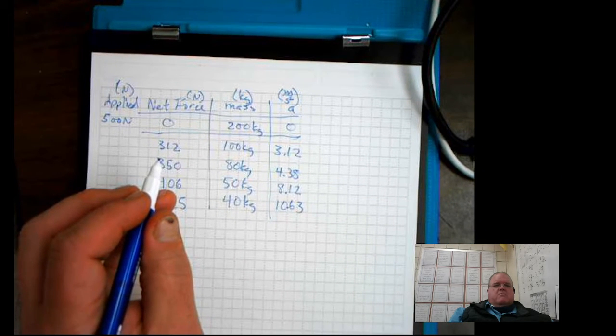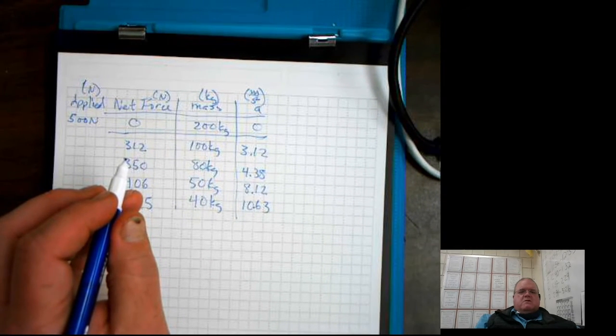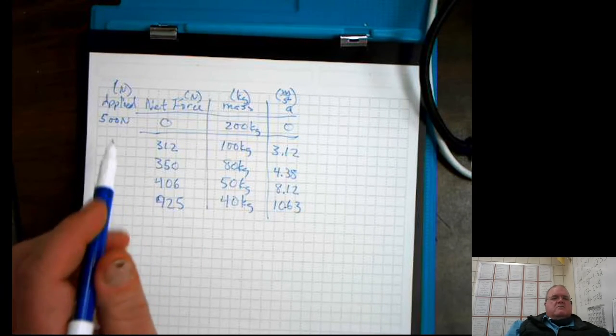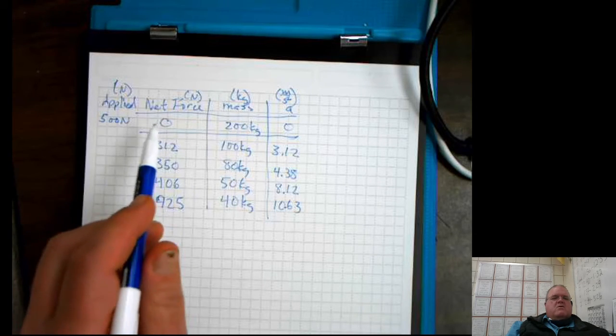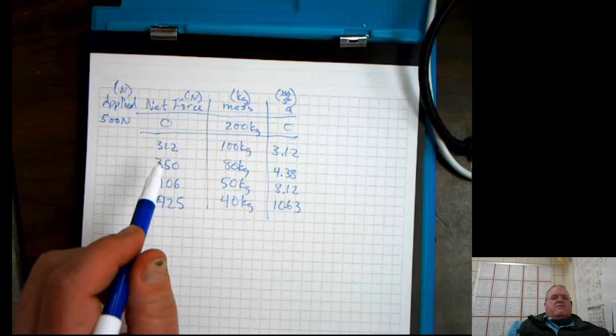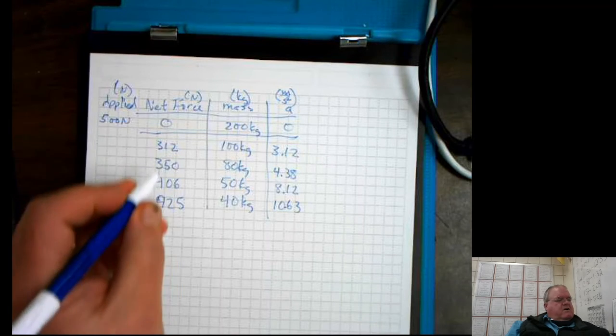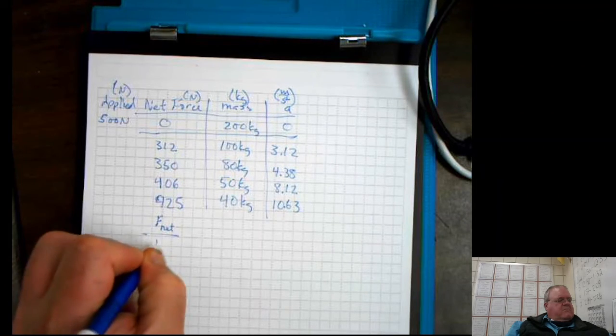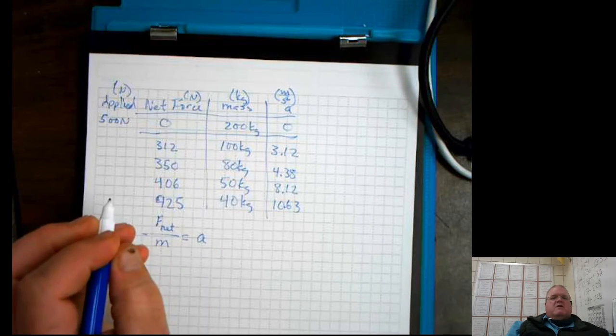And what I want to do with this is find a relationship between net force, mass, and acceleration. So if I want to move from 312 and I divide that by 100, I get 3.12. So my net force divided by my mass is going to be acceleration.